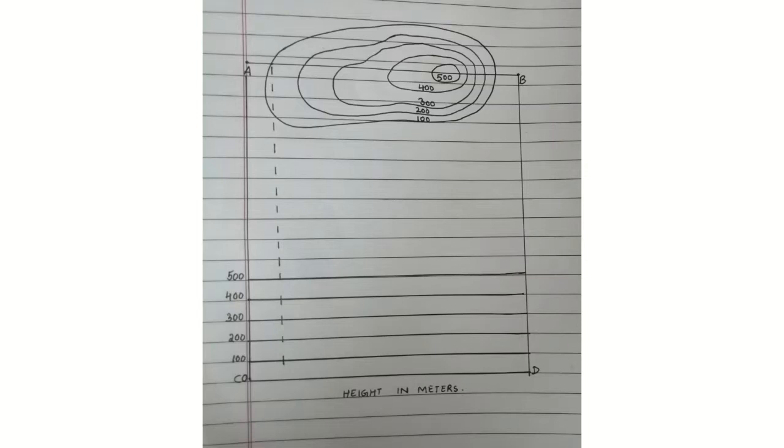Then you will put your scale where the line AB is crossing the contour 100. So I put the scale on the 100 meters line, and then it will join the parallel line which you have drawn towards the bottom of the contour, and it should touch 100 meters.